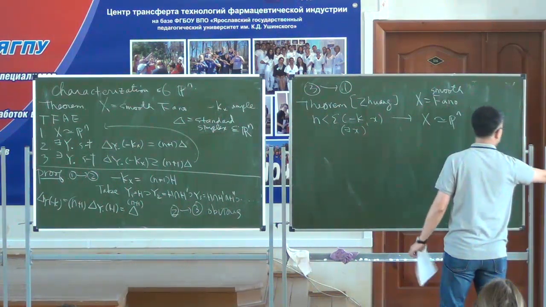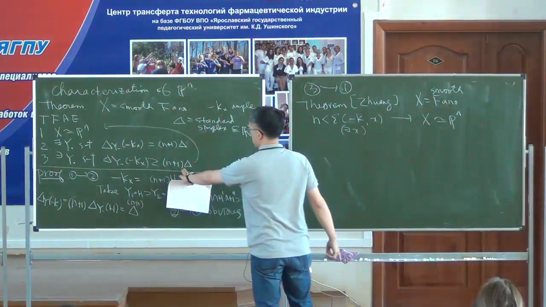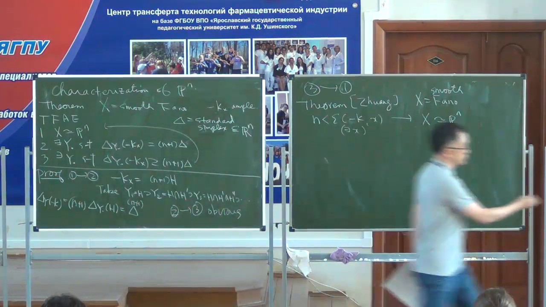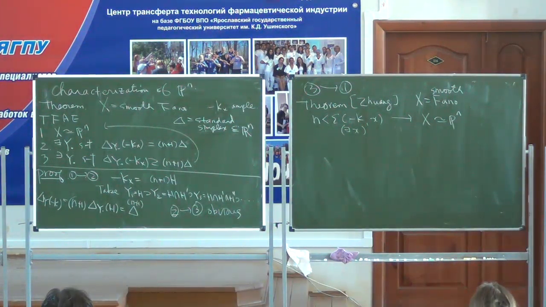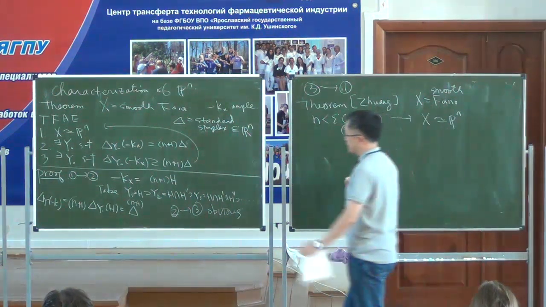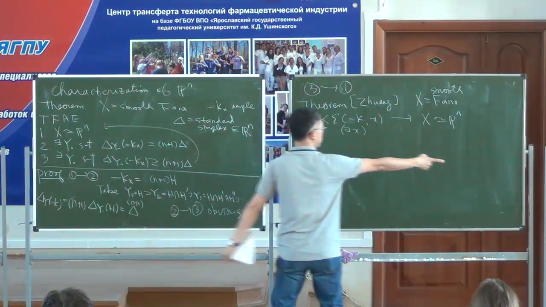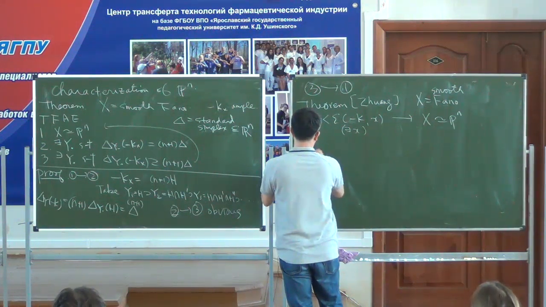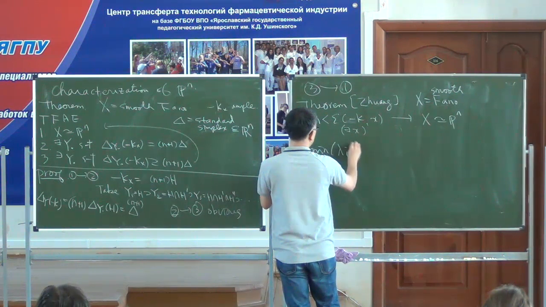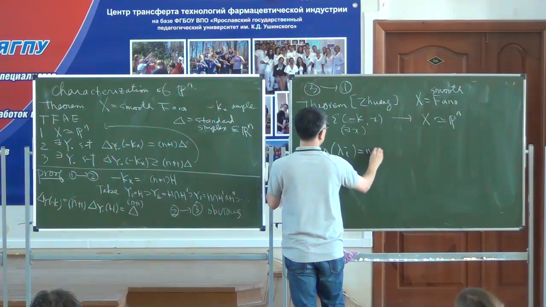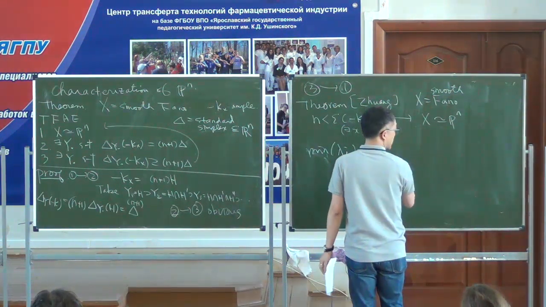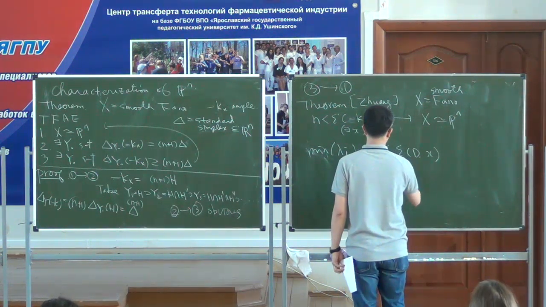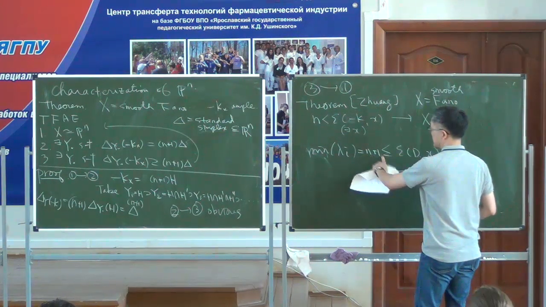So if you apply this theorem to this situation, the minimum is... all the lambda i's are the same, and the lambda i is actually n plus 1. So according to this theorem, the minimum of lambda i, actually all lambda i's are the same, so this is n plus 1. So it's even bigger than n plus 1.